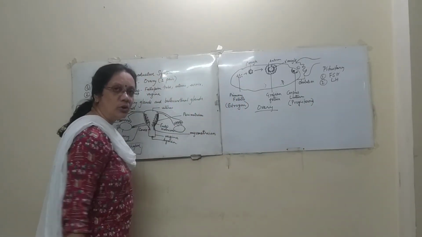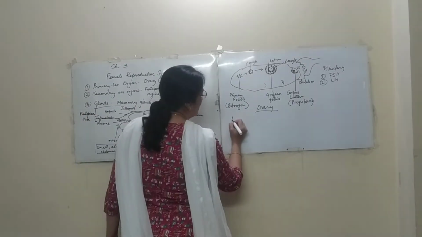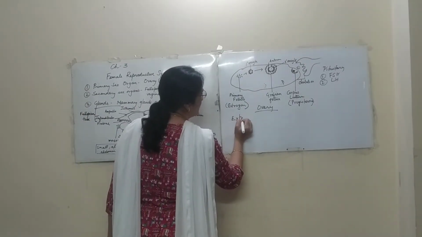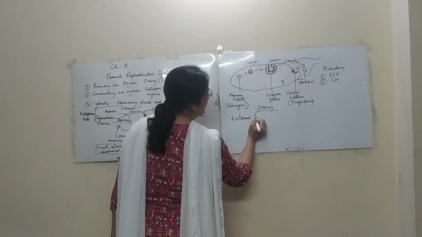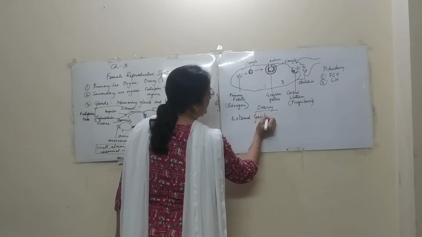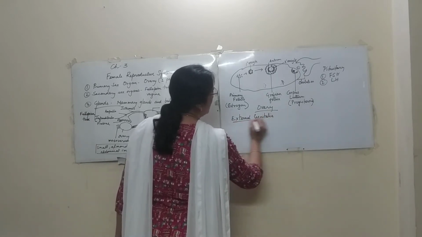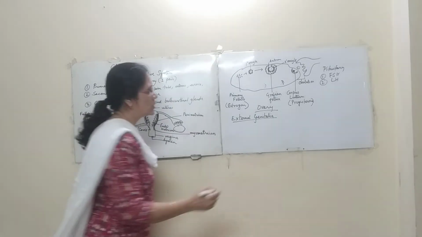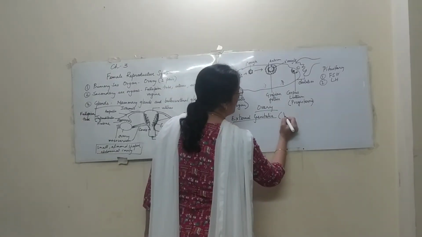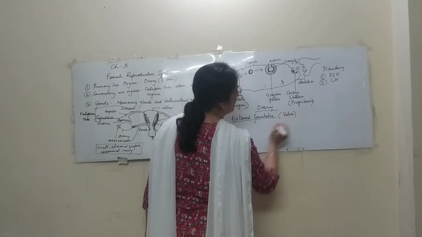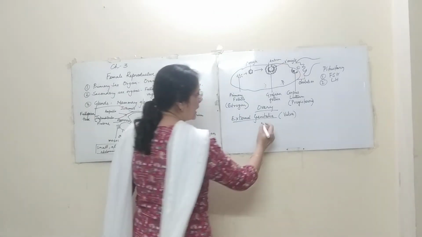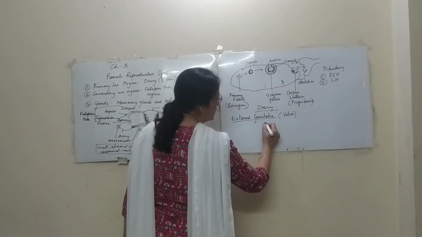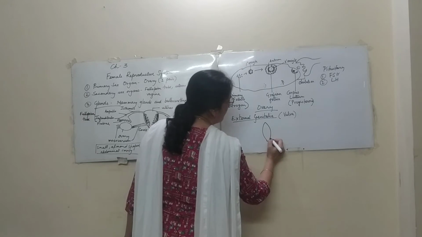Now we also have to understand the external genitalia. The external genitalia is known as the vulva. The vulva has a depression which is known as the vestibule.